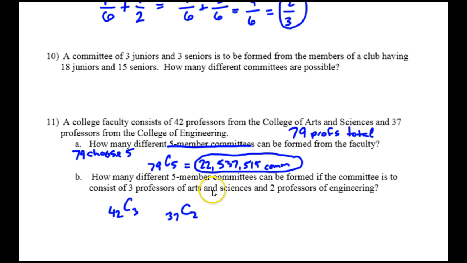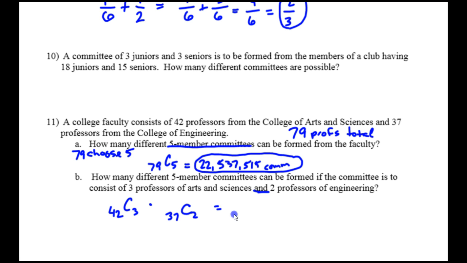Fine. Keyword here, and. Think about above. Did we multiply or did we add when we wanted and? And indicates we multiply. So you figure out those 2 numbers independently.